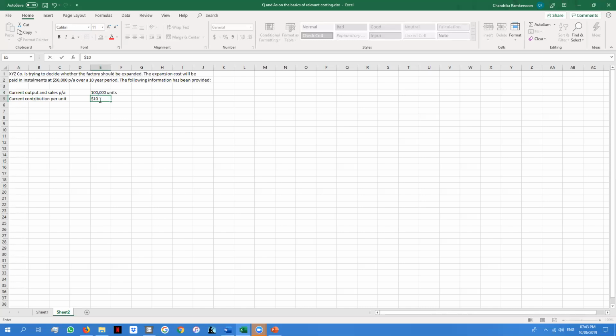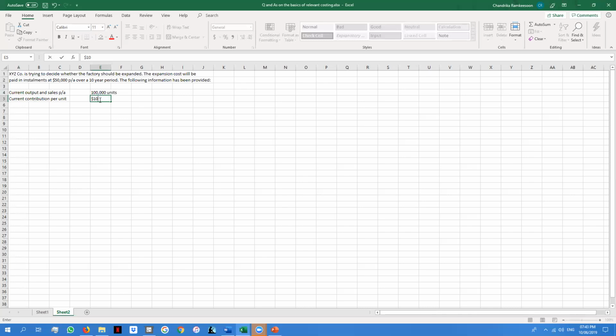The reason I'm telling you now is because I wish to use it in this example, and you'll see it in a few short examples shortly on the spreadsheet. Fixed costs, though, may or may not be relevant. If there are existing fixed costs which would not change as a result of the decision, because they are fixed, then it will not be relevant to a decision.